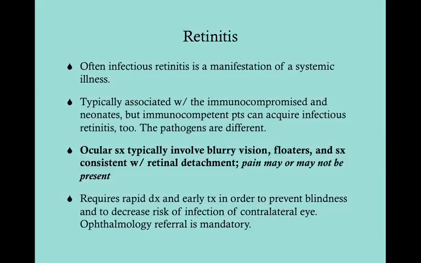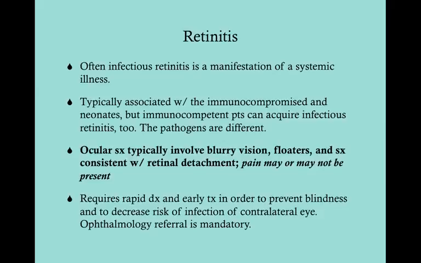And this is also the case in babies who are born with congenital CMV or congenital toxoplasmosis or congenital syphilis. They'll have other symptoms in addition to the retinitis, and a lot of times you'll know that. So this is usually not something that just presents on its own. A few exceptions, but for the most part, retinitis is a manifestation of a systemic illness.